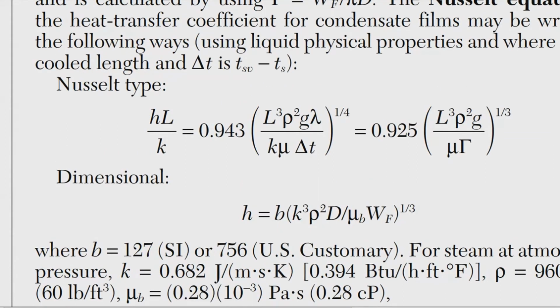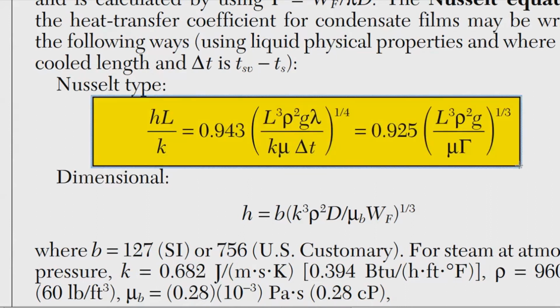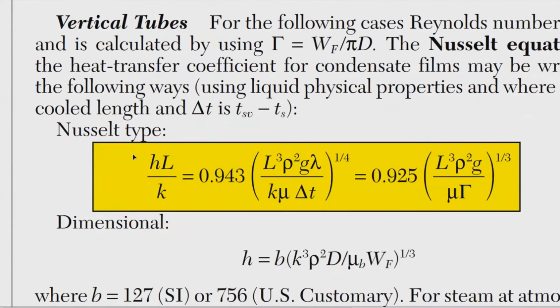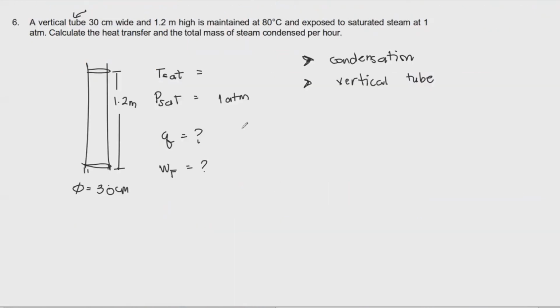So for now, I'm thinking of just giving you this equation that we need to use. It's just the same, and I'll be taking the first one here, the 0.943, because it's for the vertical tube. So the nozzle type equation is equal to this, but we have to specify that it is considering the length of the pipe, or the length of the tube that is being wetted here.